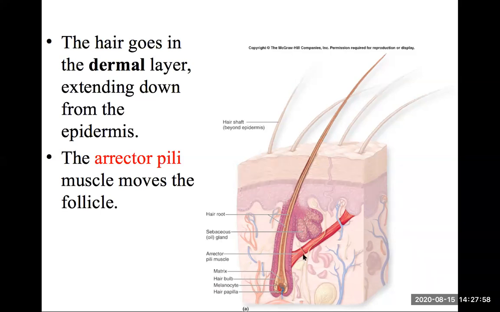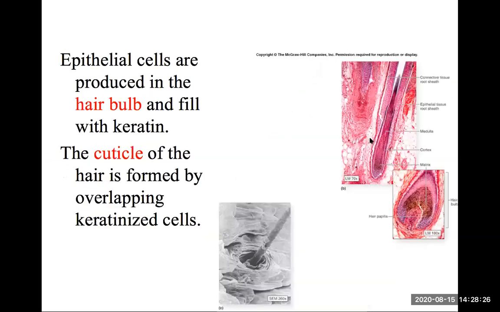Or if you're cold, by raising up your fur, you trap body heat against the surface of the skin. So an animal that puffs up when they're cold is effectively holding on to some of their body heat. Now in humans, we don't do either. We don't look bigger when we do that, and we don't stay warm when we do that. It's kind of a leftover from our evolution. Okay, that's all due to this one type of muscle.